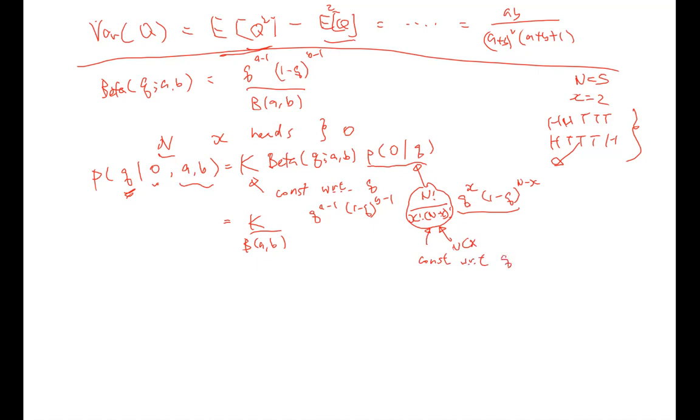There's no q here, so therefore it's really constant. So I can put all the constants together, say this is k1, another constant. Now I group the q and 1 minus q together. I have q^(a+x-1) here, and (1-q)^(n-x+b-1) here.